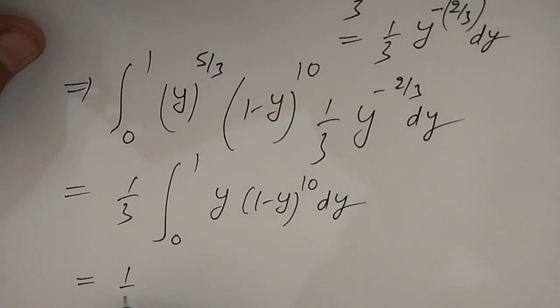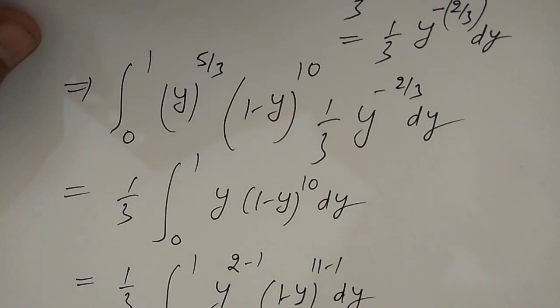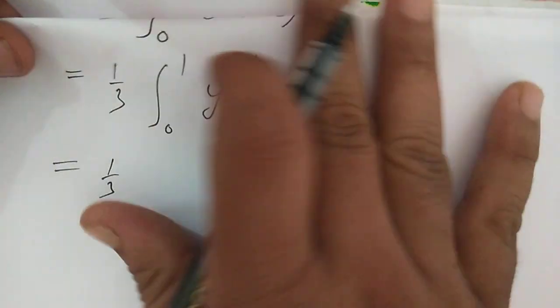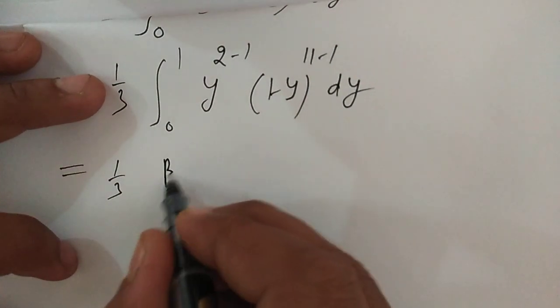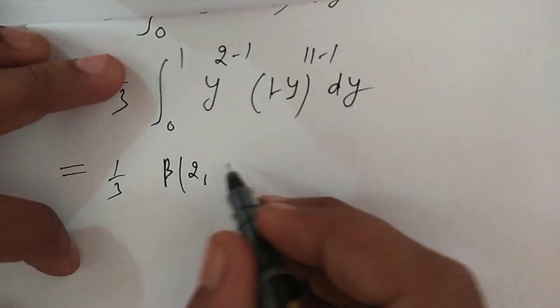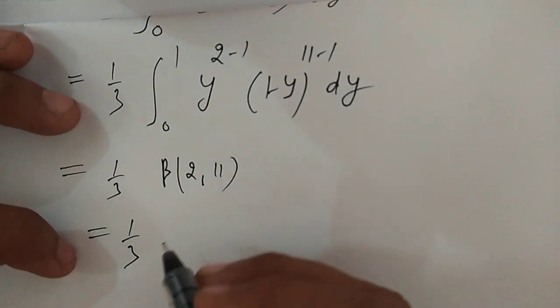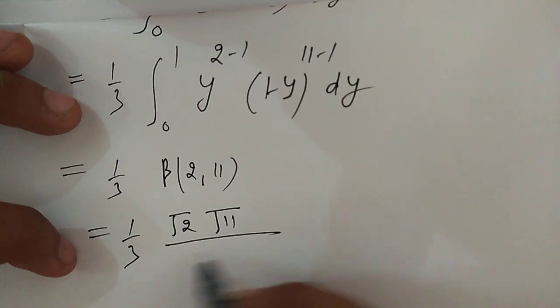So we can change it into beta function: y to the power 2 minus 1, (1 minus y) to the power 11 minus 1 dy. So this is our 1 by 3 beta (2, 11).